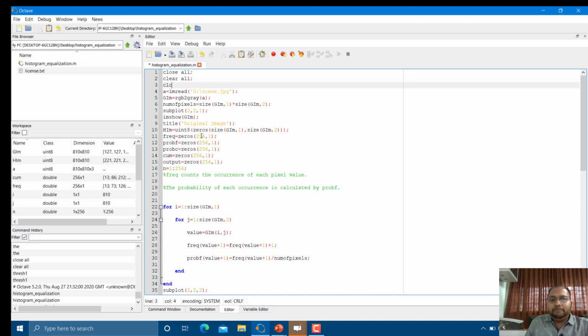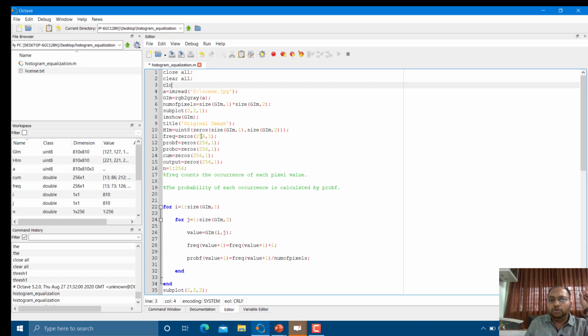Therefore we have created one array which has 256 rows and one column. Are you getting it? All the values have been filled with zeros. So the frequency array will hold all the values as zeros, and the size of this is nothing but what?